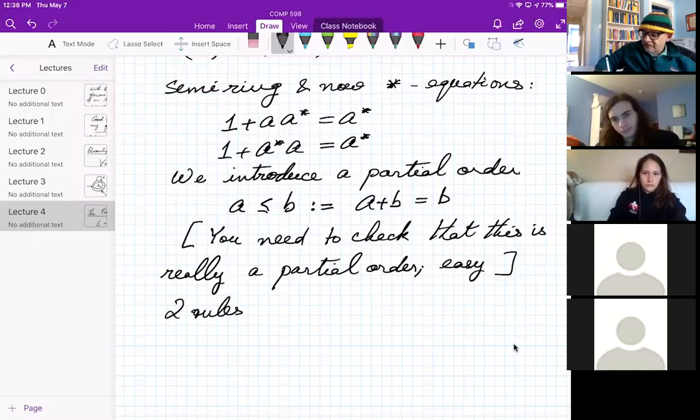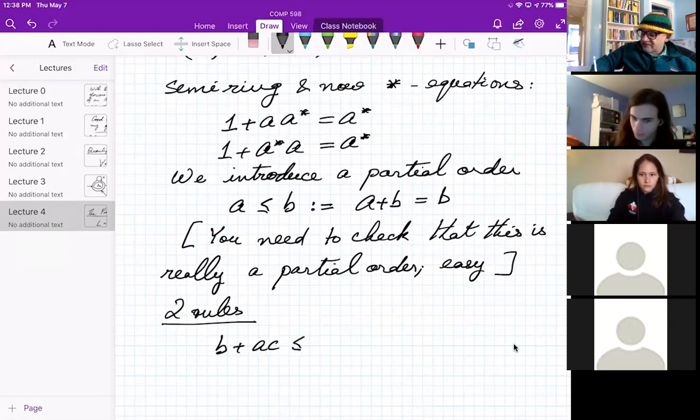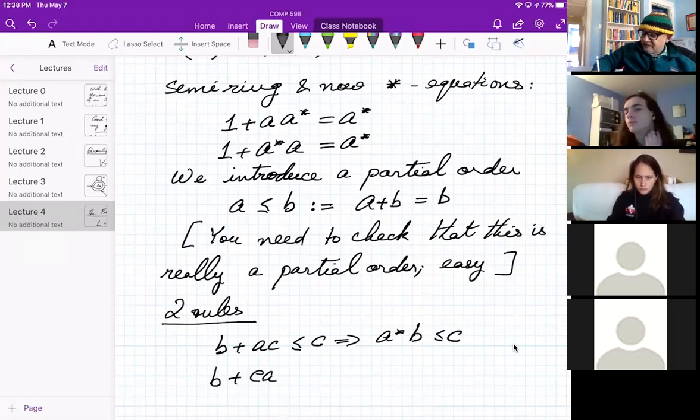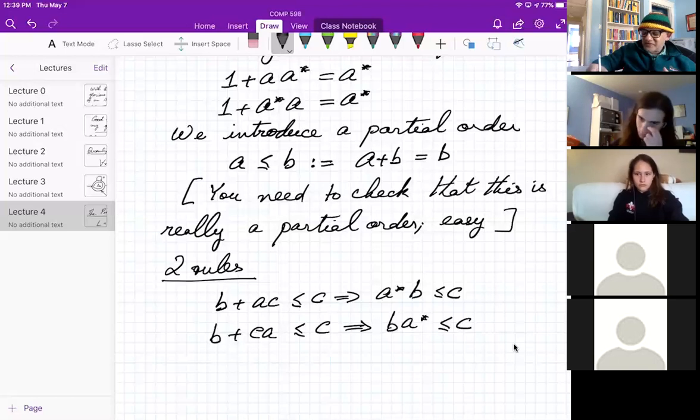So these are rules, not equations. So this rule says that if B plus AC is less than C, then A star B is less than C. And if B plus CA is less than C, then BA star is less than C. So I have to state all these rules twice.